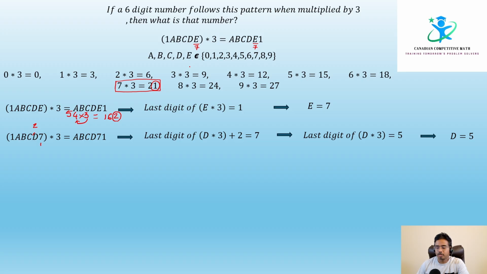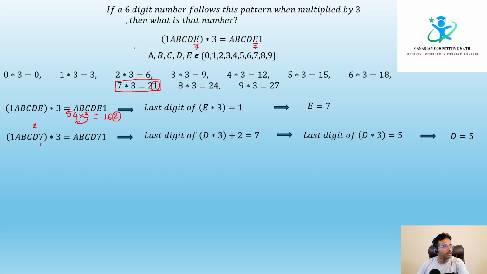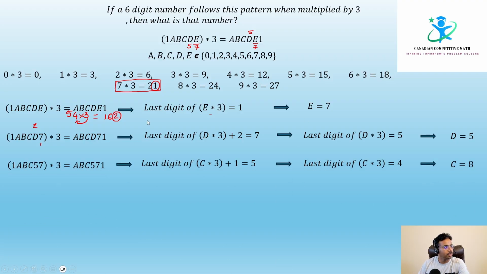So now we found what this number is. So this number is 5. We solved that. So now we keep doing like this. We substituted 5 and 7 and we have 571.